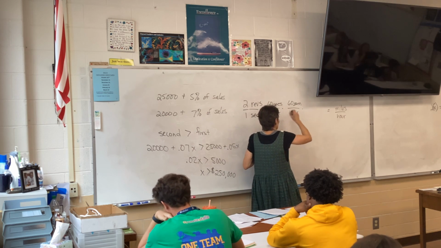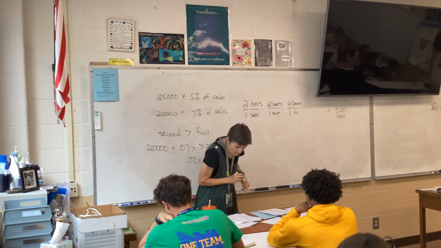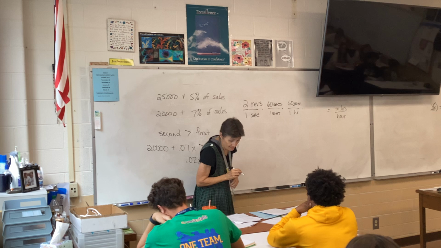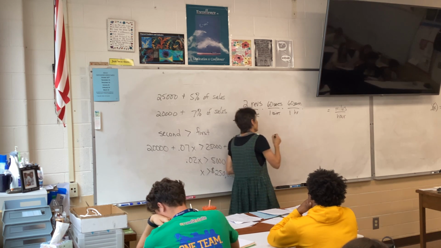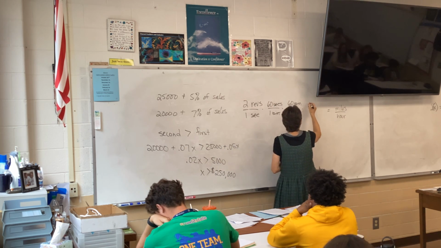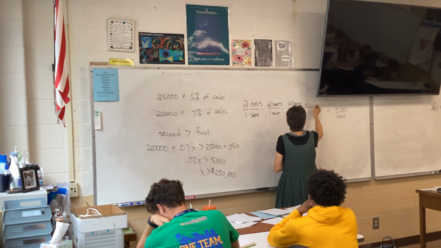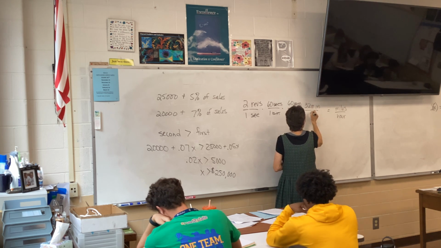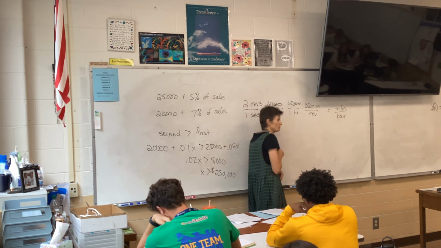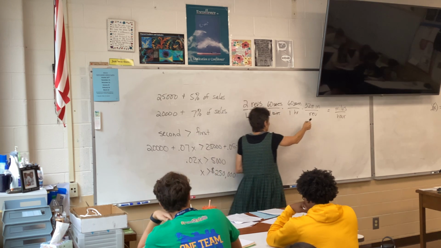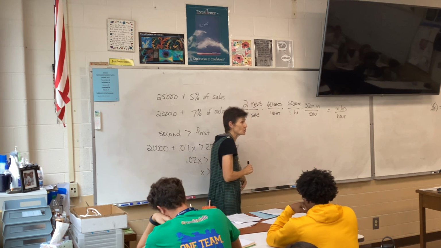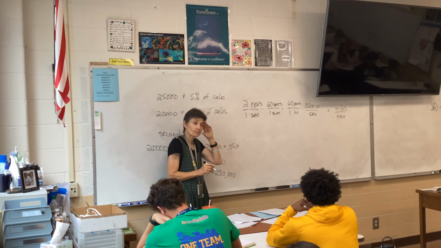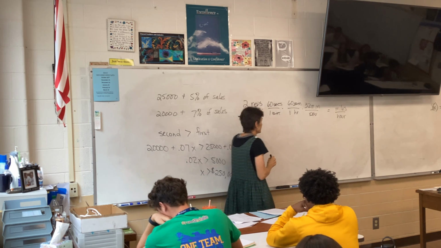The wheel size here is a 16-inch radius, which makes the circumference 32 pi inches per revolution. So now that's gone. But now I've got inches and I need miles, but that's pretty easy.